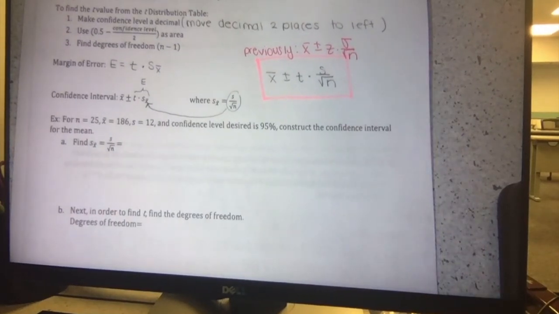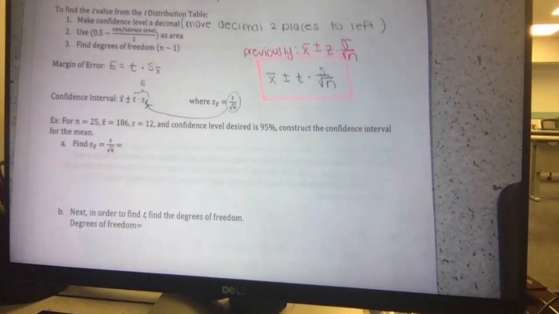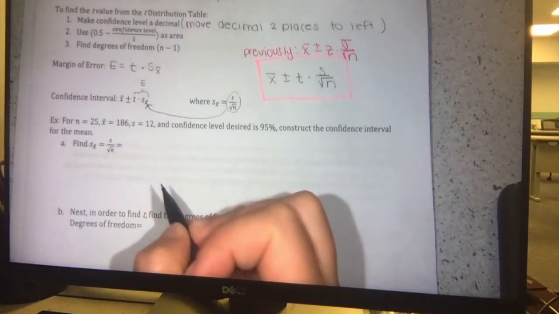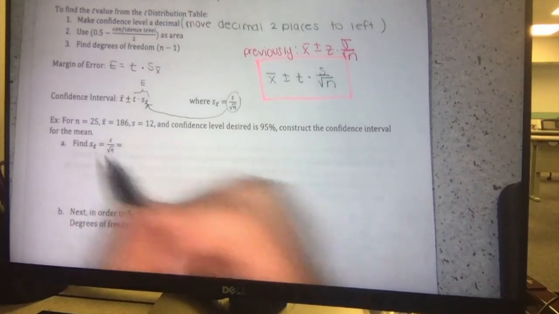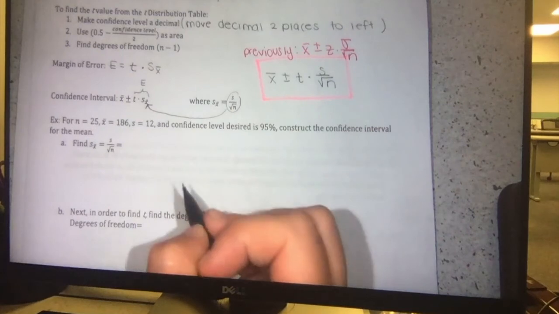All right, so for when n is 25, x bar is 186, s is 12, and the confidence level desired is 95%, construct a confidence interval for the mean. Like the first example, they walk you through step by step. Find our sampling standard deviation, just like we did before, but this time we have s, because s is for our sample, over the square root of n.